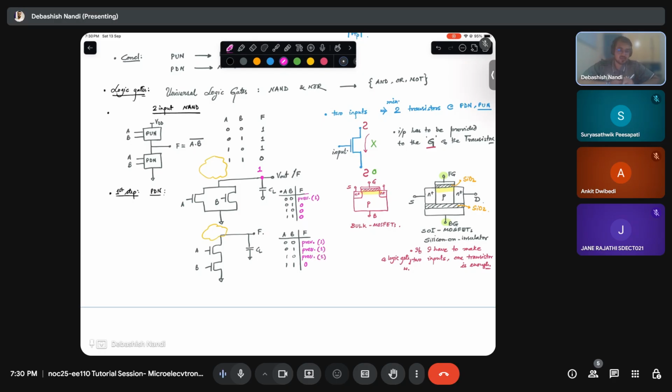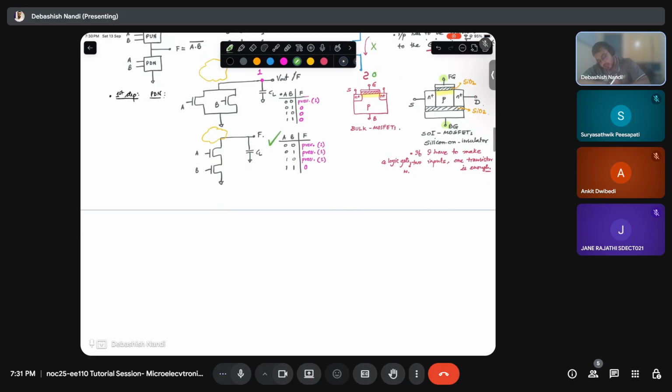Now can you see and tell which one should I use for the NAND gate? The lower one. Okay, so the bottom one is the preferable one, right? Similarly, if you design your pull-up network, I need to have two transistors, so I'll have, let's say, VDD.